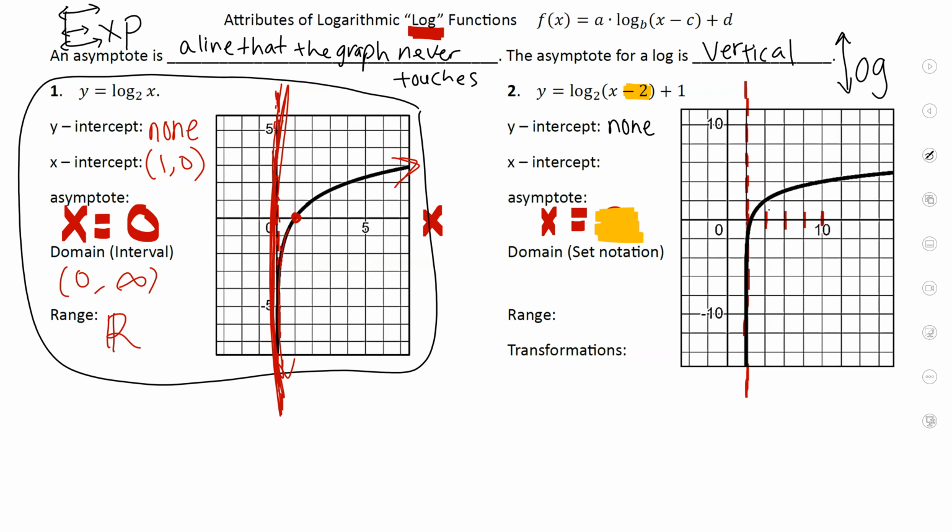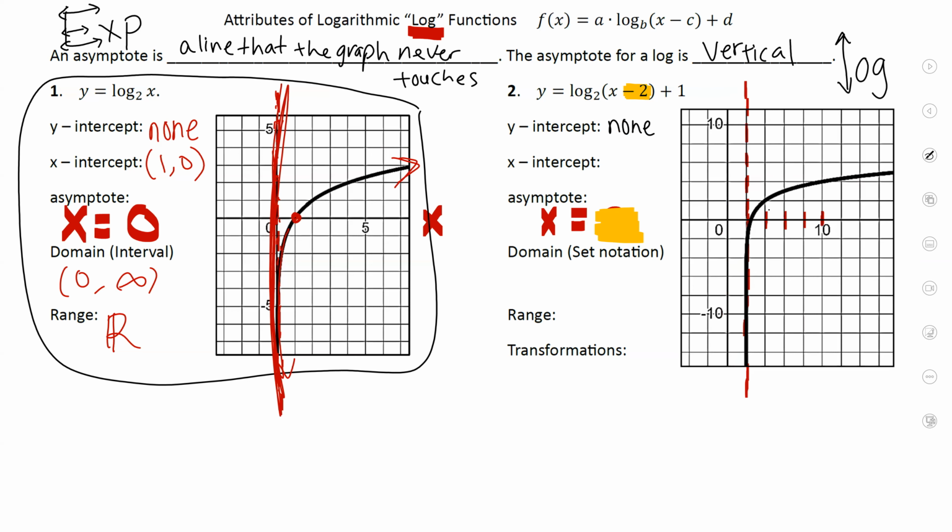So this is 2, 4, 6, 8, 10. Where is it touching the x-axis? Okay, I'll put 2.3. It cannot be 2. Why can't it be 2? Yes, because it has an asymptote at 2.